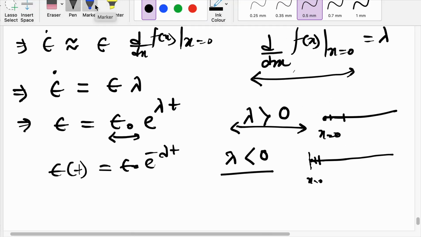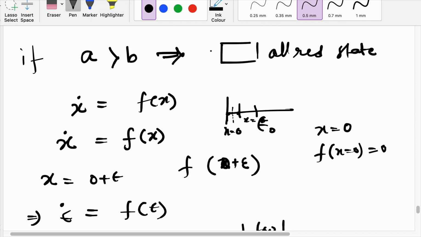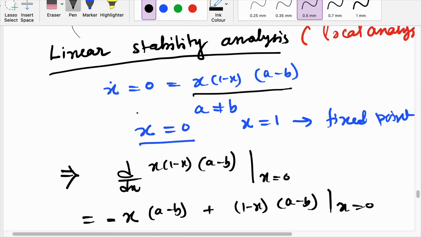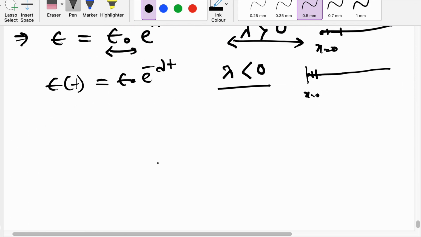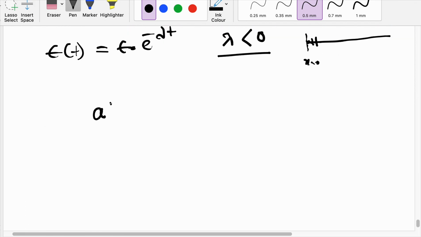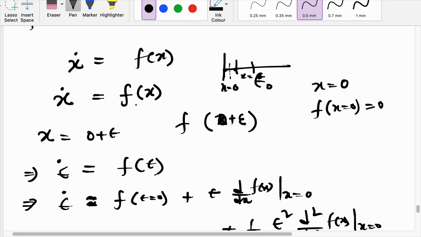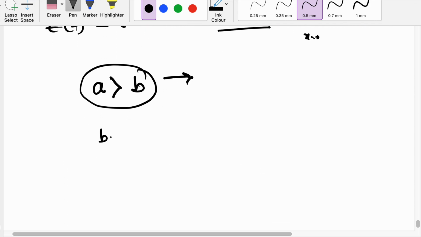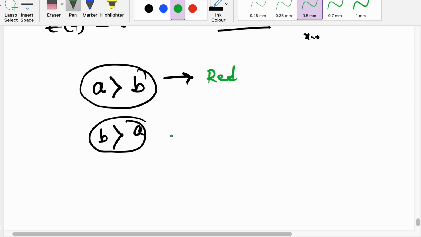Then, one thing I want to add here. In the selection, this is called selection, what I am talking about. If the reproduction rate of the red is greater than the blue, then the red will be selected by this equation, and if the reproduction rate is greater for the blue than red, then the blue will be selected.